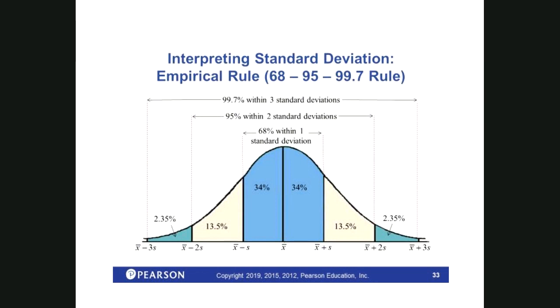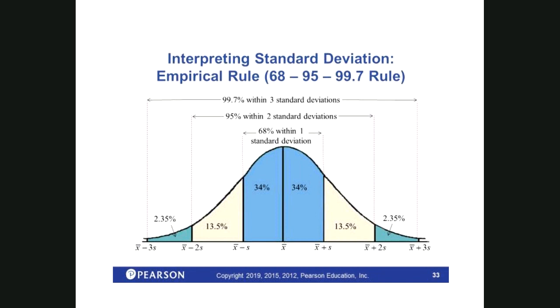And what this is demonstrating to us is that if you have the mean in the middle, hopefully you see that X bar there. In the middle, notice this is for a bell-shaped distribution. So the empirical rule applies only to bell-shaped distributions.